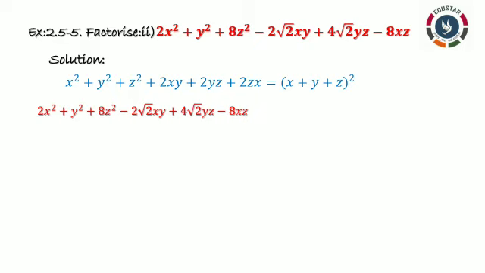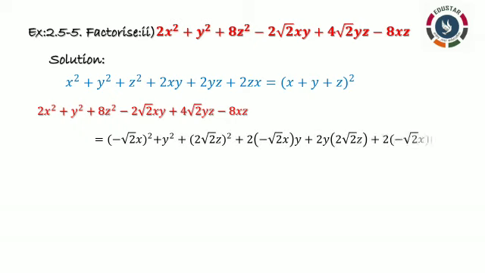So what is our x term? 2x the whole square, right? 2 is a square value of root 2. So our first term will be minus root 2x the whole square. Why? Because our x term is what? Negative. We have seen, right? Then y square can be written as plus y square.